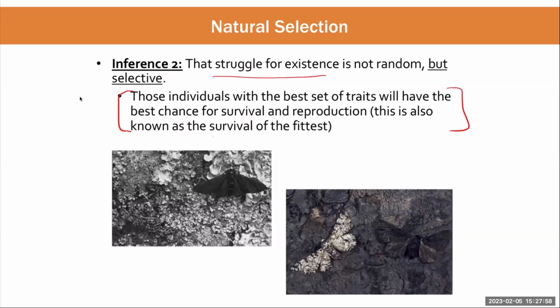You may have also heard of this idea in terms of the phrase survival of the fittest. Fittest in this context refers to the probability of an individual surviving and reproducing. It doesn't refer to our concept of physical fitness. So the fittest individual in a population is the individual that had the greatest number of surviving offspring.